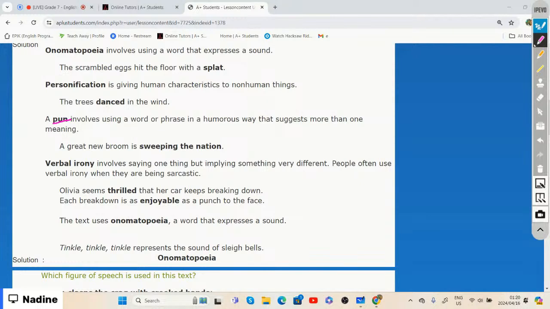And that word is used in a humorous way that suggests more than one meaning. For example, a great new broom is sweeping the nation. Is this actual broom sweeping the whole of the country, the whole of the nation, the whole of the world? No, right? But we are using this word in a figurative expression that brings about humor.